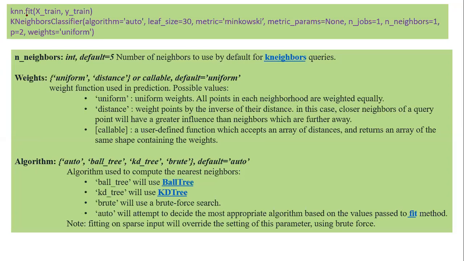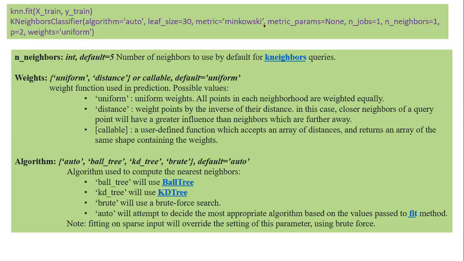So learn that. Once we have learned our model, the next step: the KNeighborsClassifier algorithm has some parameters: algorithm is auto, leaf size is 30, metric is Minkowski.